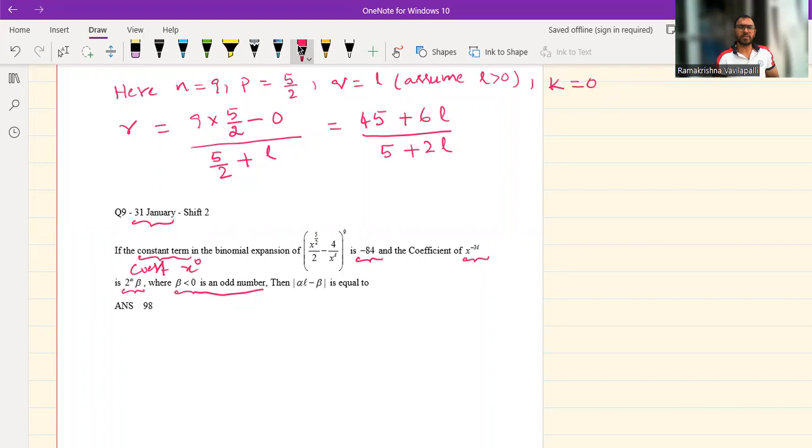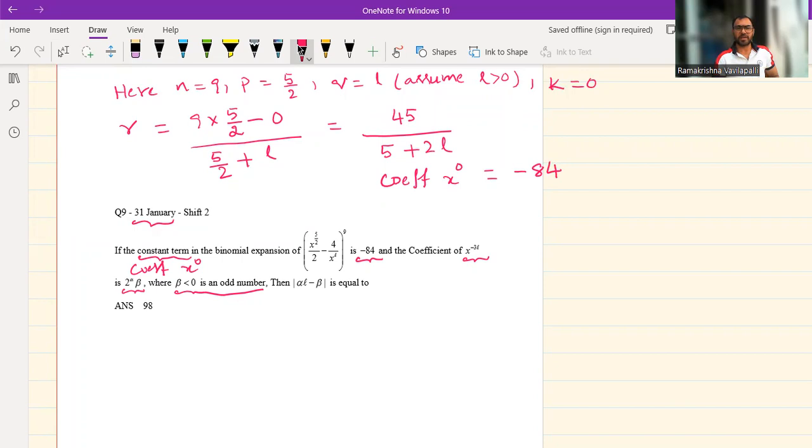So you will get 45 by (5 plus 2L). Right. And given that the independent term coefficient is minus 84. So given that the coefficient of x power 0, the term independent of x, is equal to minus 84.